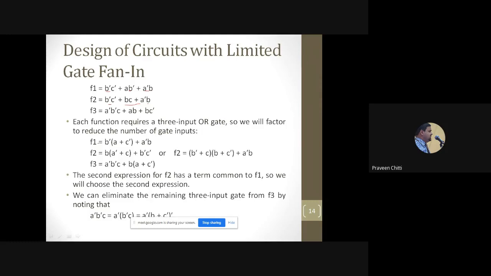So what do we do? When you want to use a limited fan-in, what is the procedure, or the thumb rule, I have told? What you need to do? Yes, Chandan? Factorize. Yes, you have to factorize the simplified expressions you got.